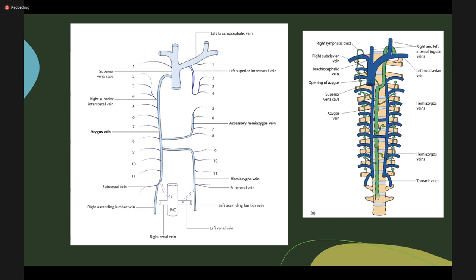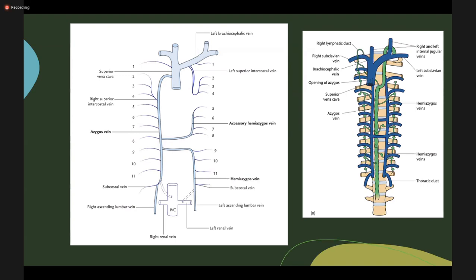Are we good? Okay. So now this image is showing you some other interesting structure, and that green thing is the thoracic duct. What is this thoracic duct? All my body lymph, ultimately, after undergoing different processes, has been poured into the thoracic duct.